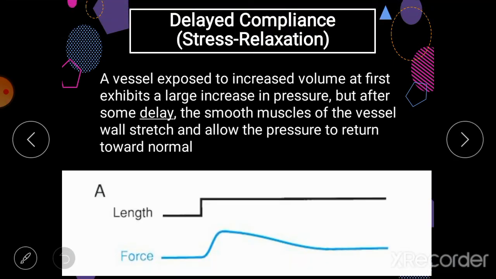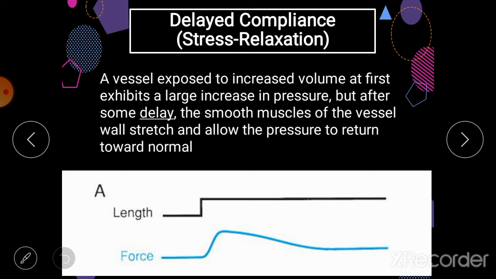Suppose we have a blood vessel which has some amount of blood within it, and this blood causes the vessel wall to stretch, which is indicated by this initial length of the vessel wall, and this stretch causes this much amount of pressure in this wall.